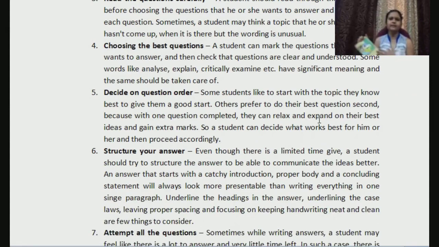But it's not needed that you need to answer question number 1 first, then only question number 2 or anything like that. You can answer in any order that you like, right? You can answer the last one, then any random question, you can simply pick and answer. So you need to decide your order of answering the questions.